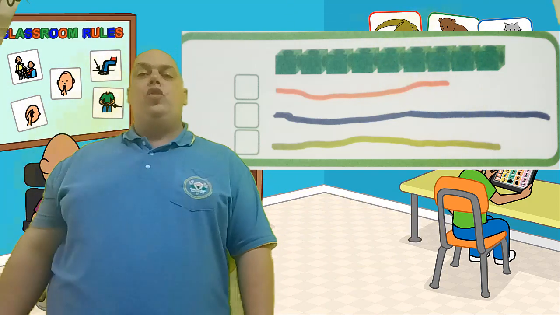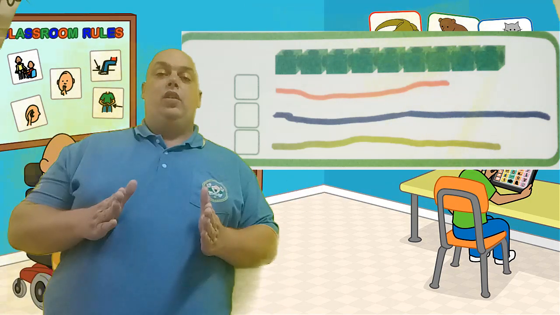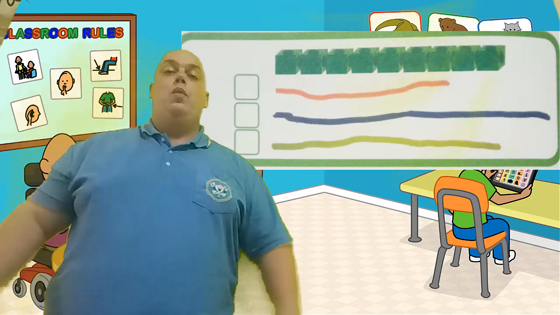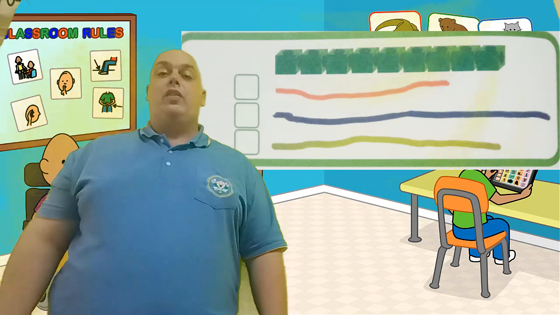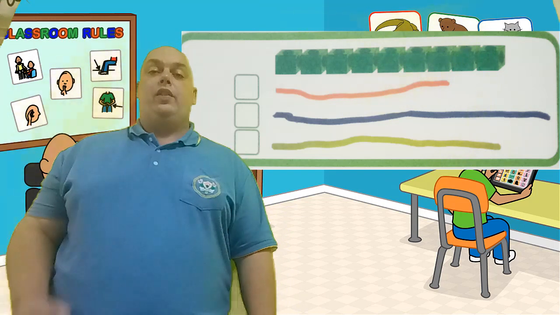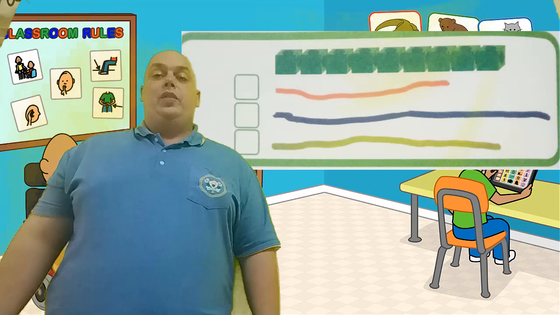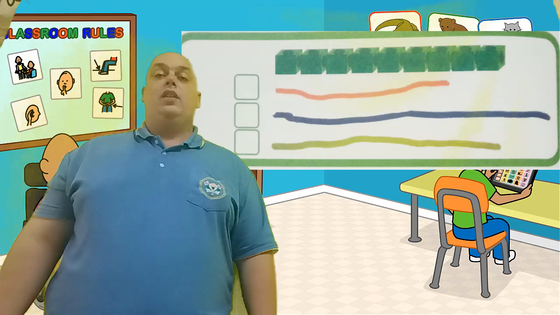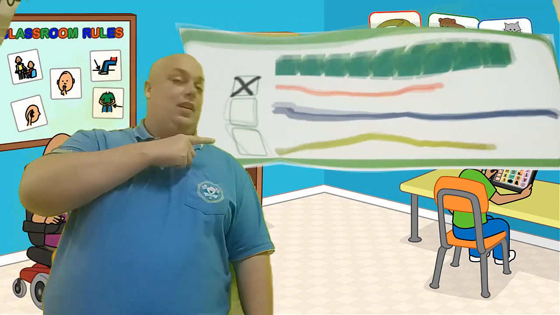So what are we going to do exactly with this? Now that we know which one is shorter, which one is longer, and which one is the same, we're going to fill in the little boxes in front of these strings. So in front of the shorter string, the orange one, I want you to put a little X in the box, just like that.